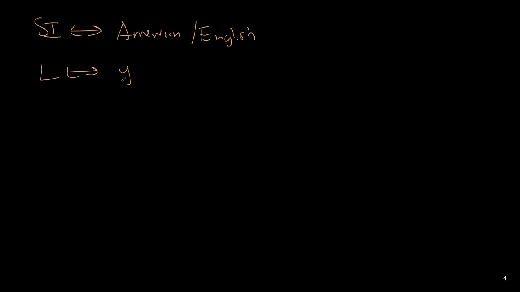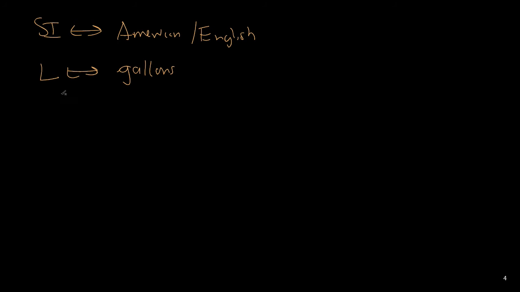Now, if we're manipulating unit conversions, going from, let's say, SI to American or English, that involves transferring from, let's say, liters to gallons. In this case, it's a relatively simple approach.